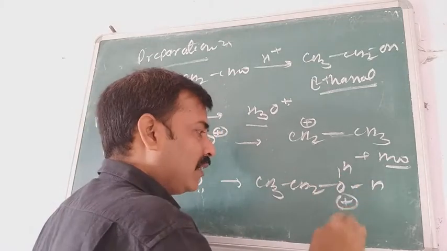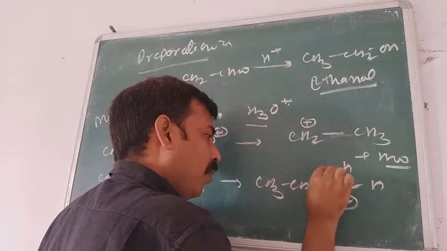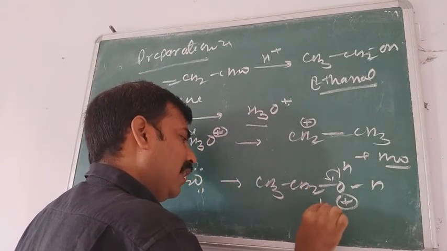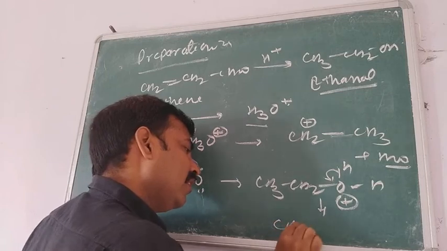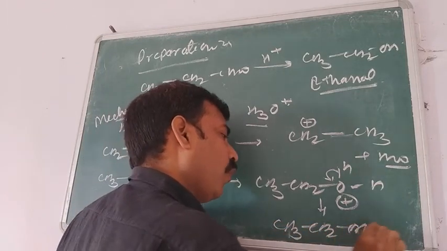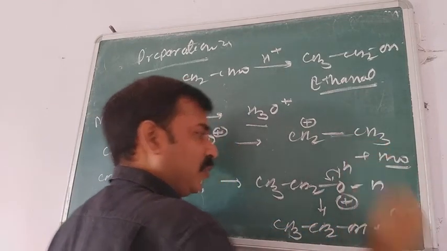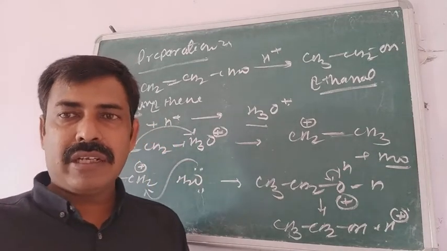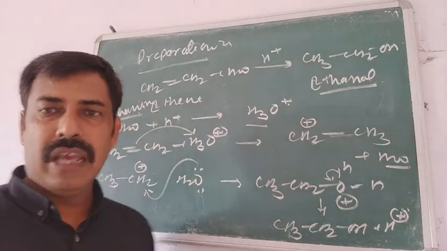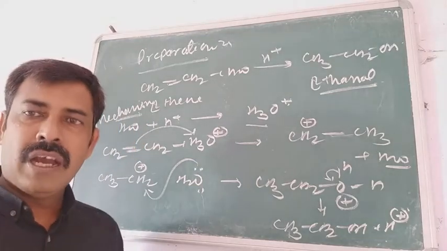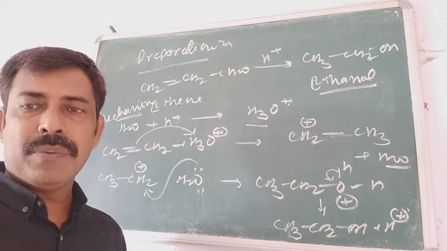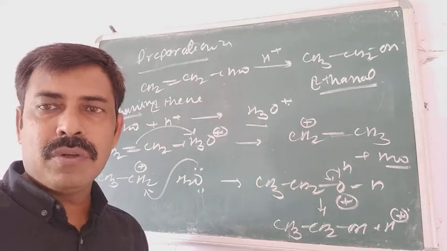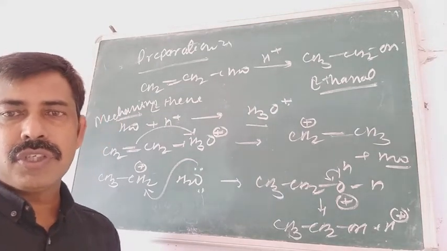And for the neutralization of the system, the bond will break and will generate CH3CH2OH along with the H plus ion. And this is the mechanism for the acid catalyzed hydrolysis of alkene. I think it's clear to all of you. You can just note it down or take a screenshot.